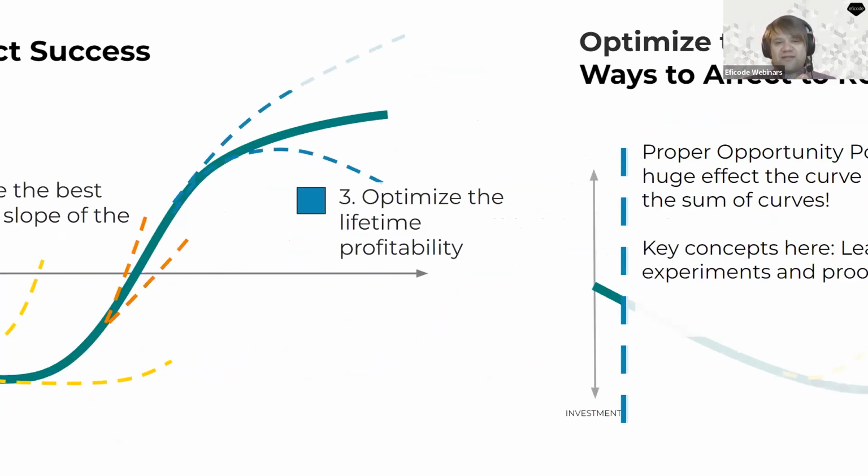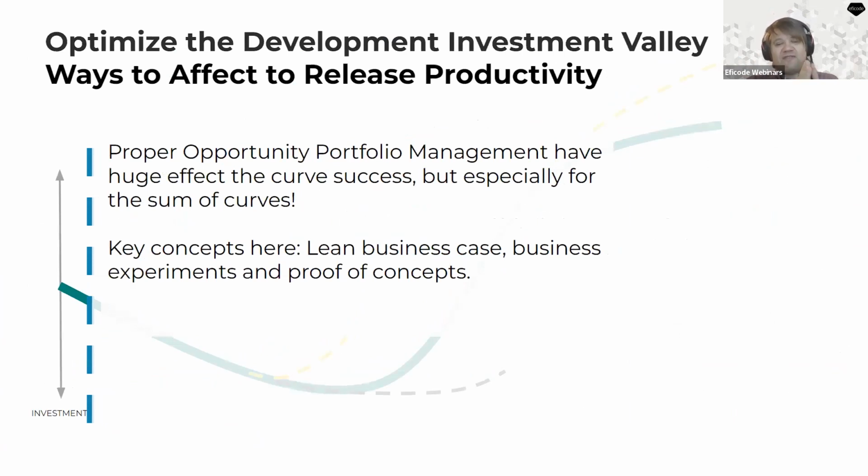So then, going into even smaller slices of what's happening on the investment curve, starting with the investment valley: maybe one of the most valuable things to do is to make sure you do the right things. You really do your homework well.